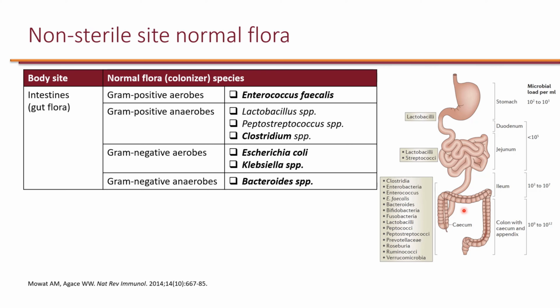E. coli and Klebsiella certainly reside here. The most important anaerobe is perhaps Bacteroides, which resides in the lower GI tract but is unlikely to be found in other parts of the body. In general, when people talk about antibiotics and ask if an antibiotic has anaerobic activity, they're primarily talking about Bacteroides rather than other types of anaerobes.